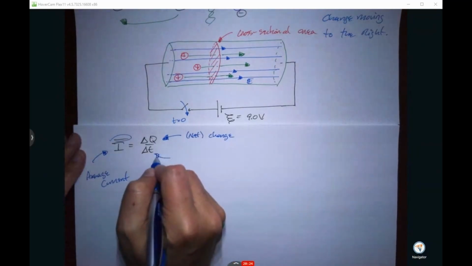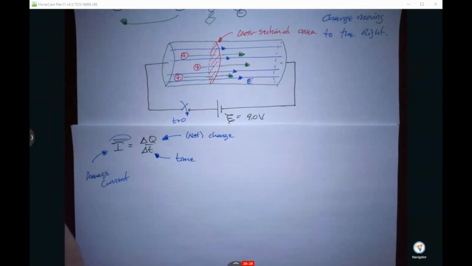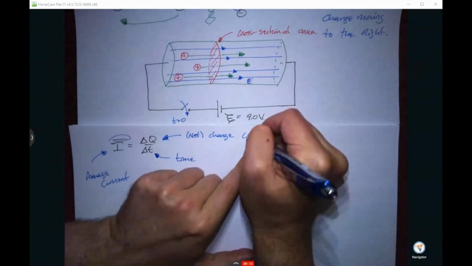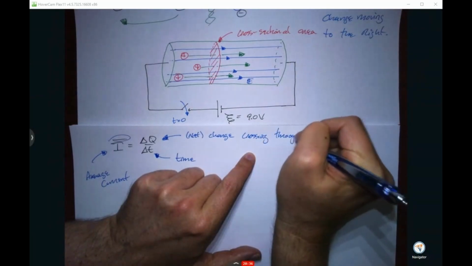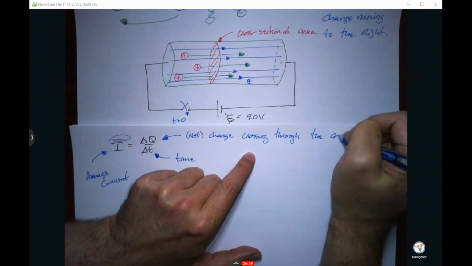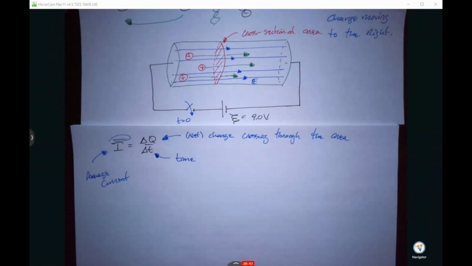There's our net charge per time, like this. And it's the net charge, the charge that crosses through the area.